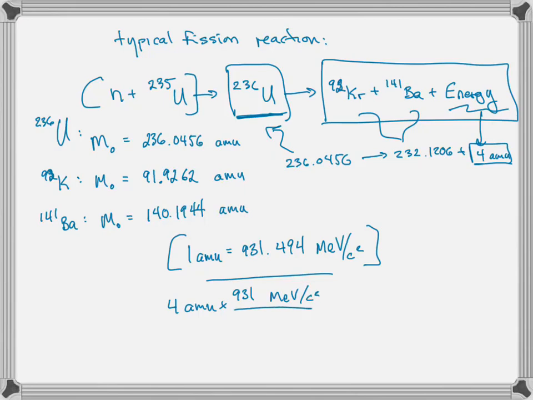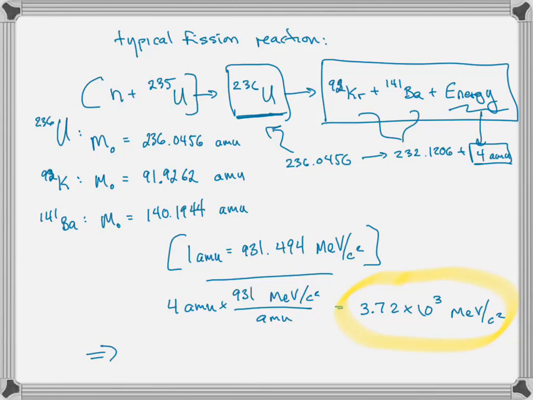So we've got 4 times 931, which is 3.72 times 10 to the third MeV per c squared. So the amount of mass missing is that, and that mass is turned into energy. So how much energy is created? It's 3,720 MeV.